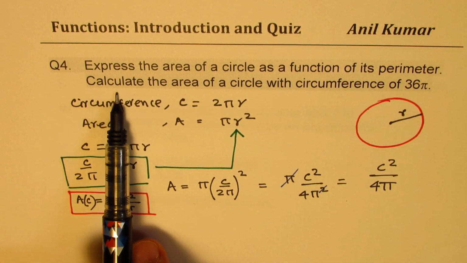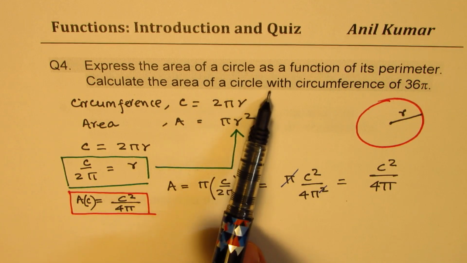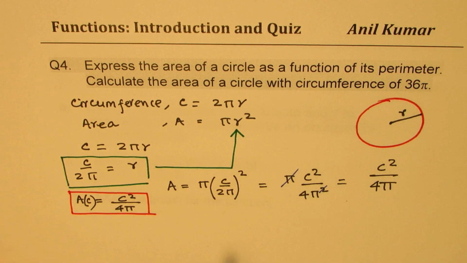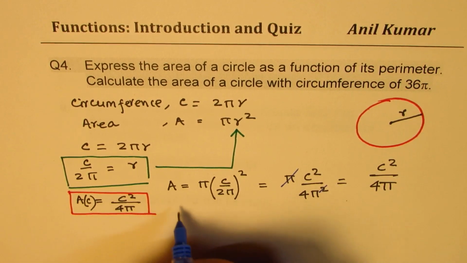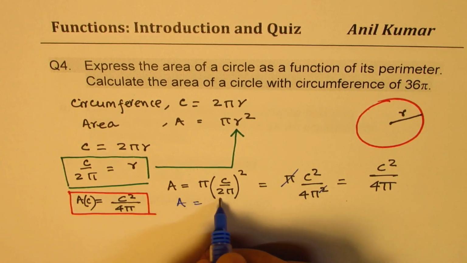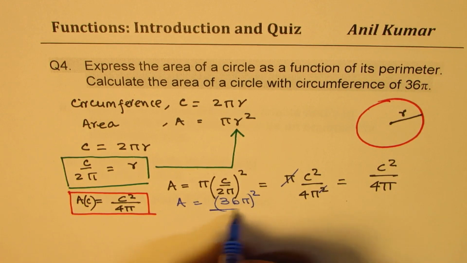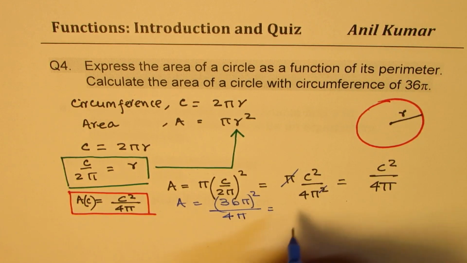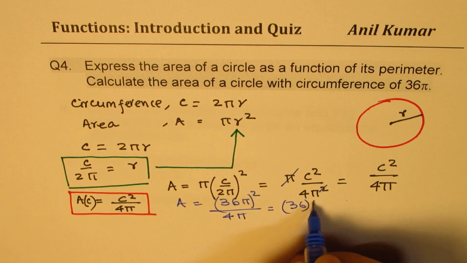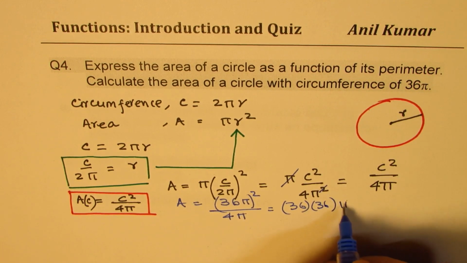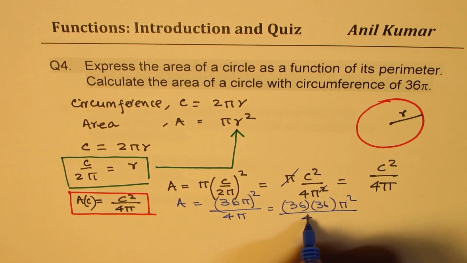Now we need to calculate area of a circle with circumference of 36 pi. Let's calculate. So area when c is 36 pi, so we'll write 36 pi, right, whole square divided by 4 pi. So that gives us 36 times pi square divided by 4 pi.